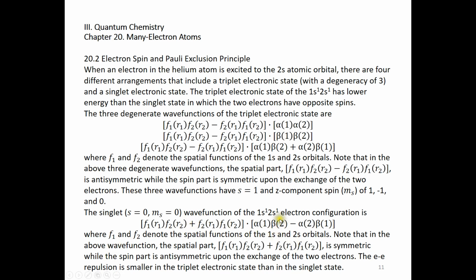So we can compare this wave function and this wave function, or just any one of the three, and evaluate their average repulsion energy. You will see when we use this singlet wave function, we have a larger repulsion than the triplet. And again, that's the so-called exchange energy. The electron repulsion is smaller in the triplet electronic state here than the corresponding singlet state over here.